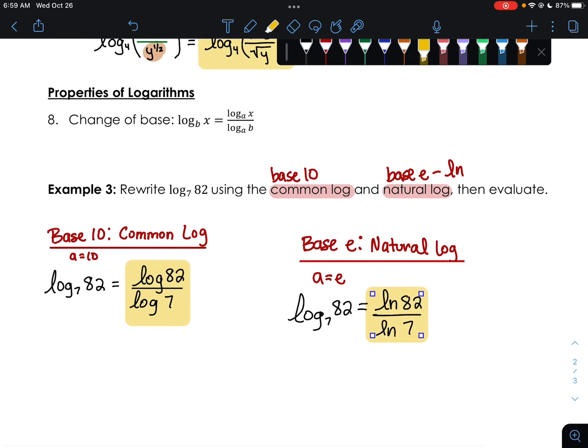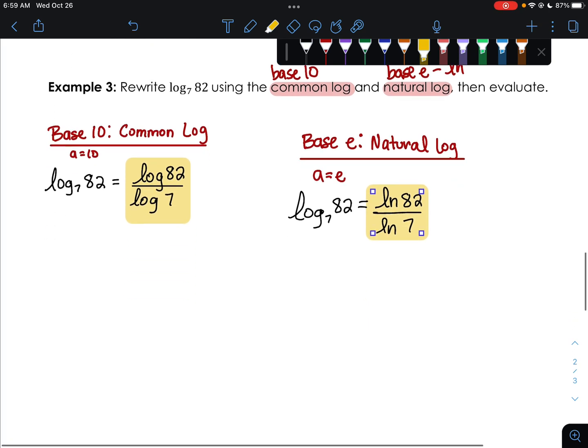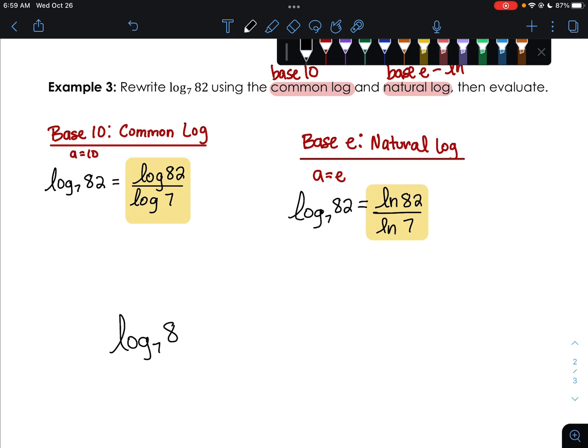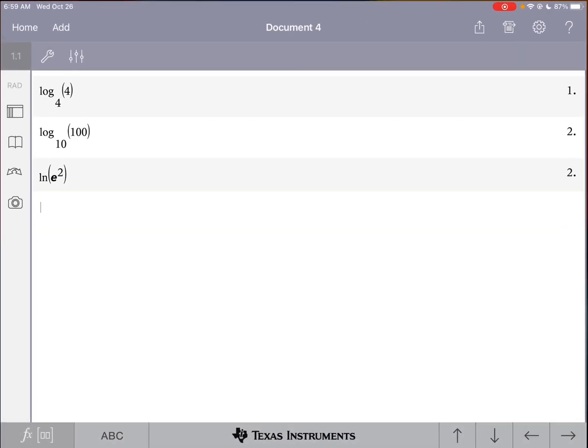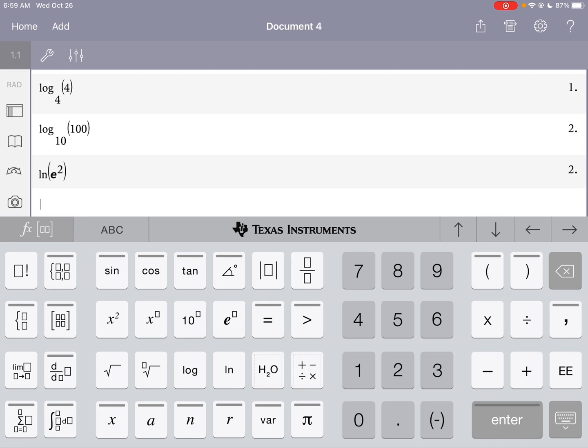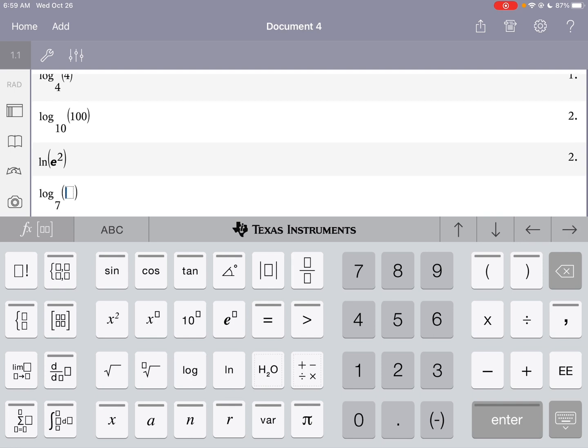I'm going to show you how to evaluate all 3 of them to show you that this works. First we're going to start by evaluating log base 7 of 82 using our calculator. So I'm going to go to my calculator, hit log base 7 of 82, press enter.